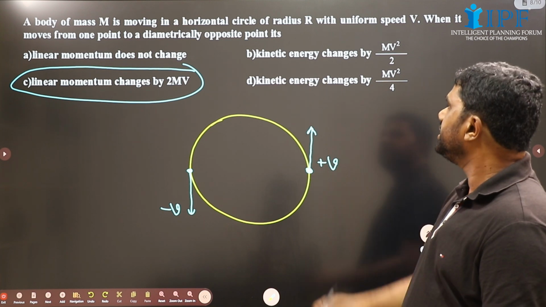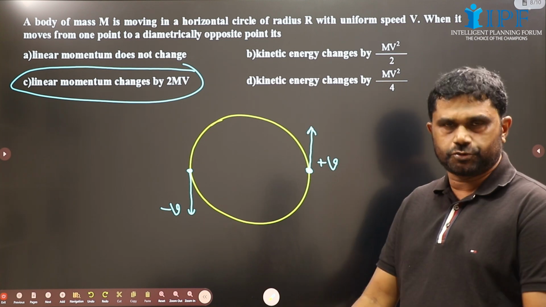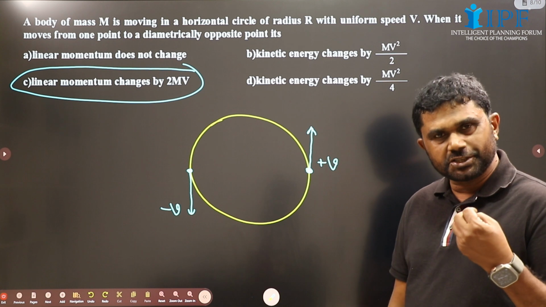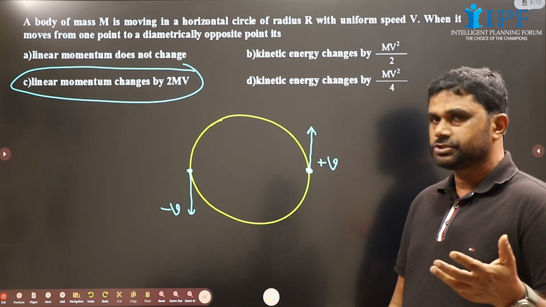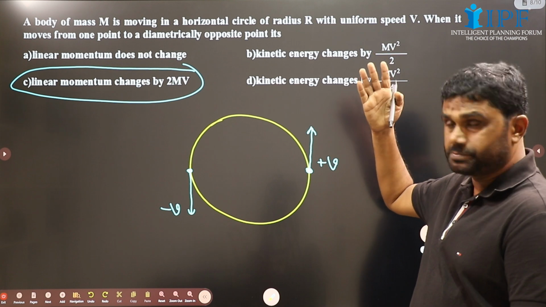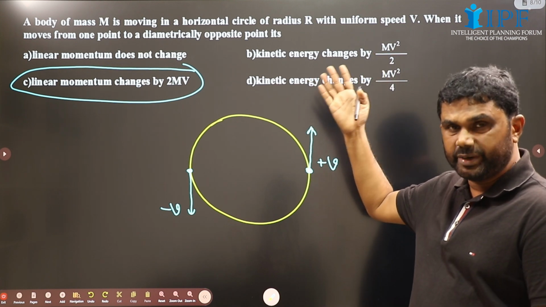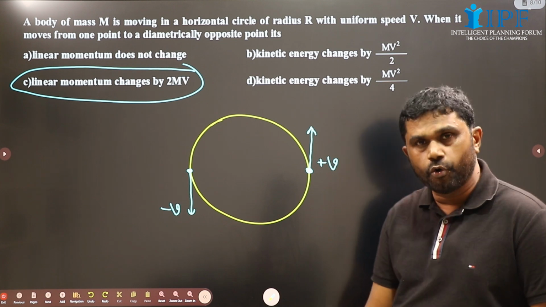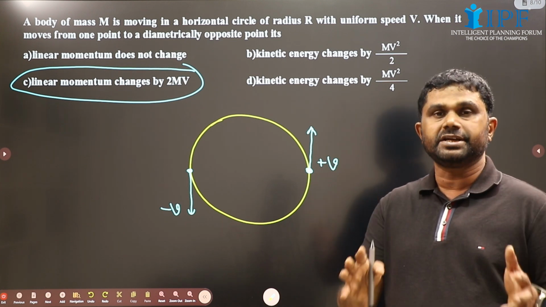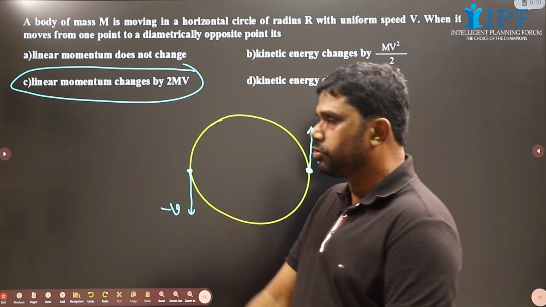And here we have kinetic energy changes by mv square by 2. Kinetic energy remains constant throughout the motion because the speed does not change. So kinetic energy changes by mv square by 2 is a wrong statement, or kinetic energy changes by mv square by 4, that's also wrong because kinetic energy remains constant throughout the motion.